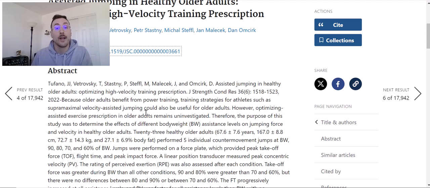It's the difference of doing a pull-up versus if you've been to the gym and you see the pull-up assist machine where there's the lever, right, with a flat spot that you can put your knees on, and you can change the amount of assistance to help you do more pull-ups. So, however, optimizing assisted exercise prescription. So we're not optimizing the exercise, we're optimizing what assisted exercise we prescribe for older adults, and that remains uninvestigated. So they haven't looked into what is best to help them train their power.